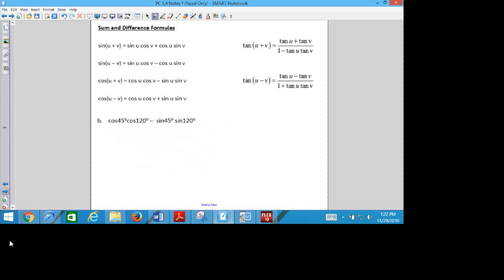All right, B, I noticed that it's subtraction, so it's got to be one of these two, and it starts with cosine, cosine. So which one is it? The cosine. So it's going to be cosine 45 plus 120, which is cosine 165 degrees.